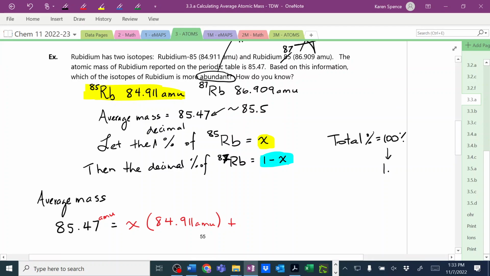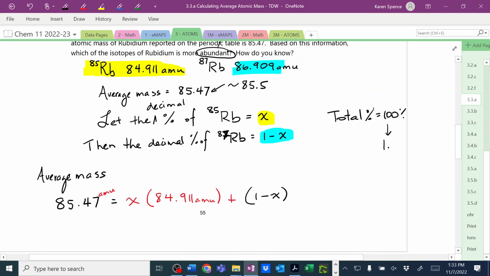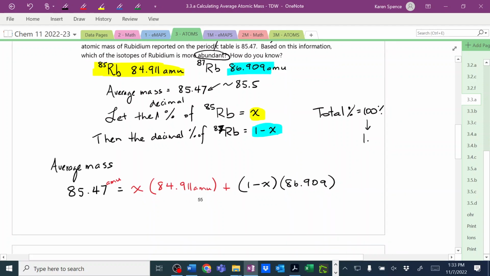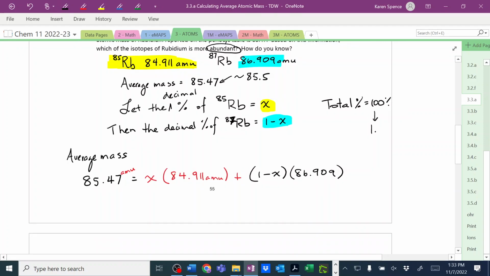So there's our rubidium 87. So we have 1 minus x times 86.909. And now we just start crunching the algebra. I'm going to get rid of my AMU here because it makes my algebra untidy.